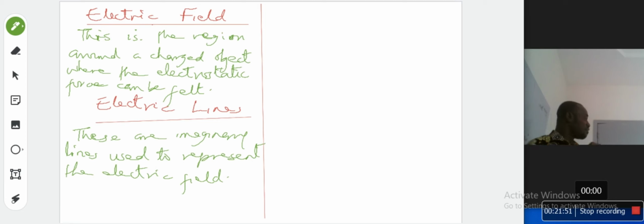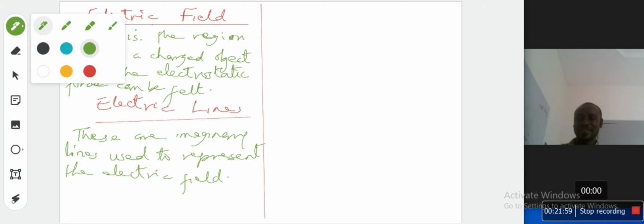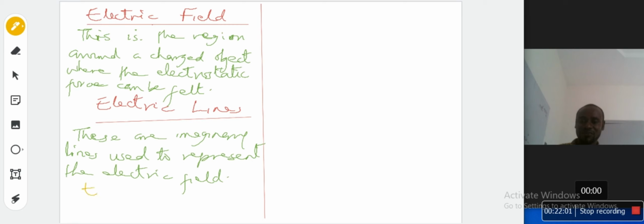In electric lines will run from what to what? You still remember, positive to negative. That's interesting. So let me add it. So electric lines run from the positive to the negative.